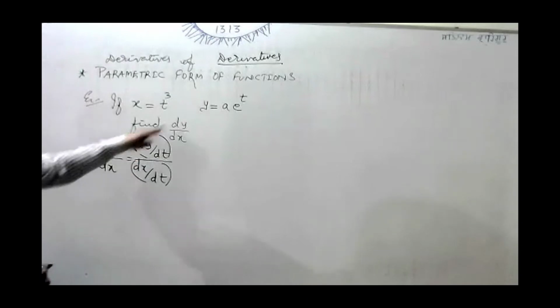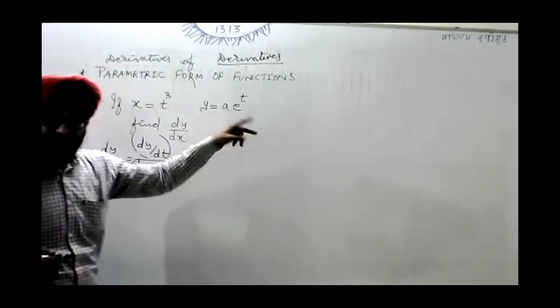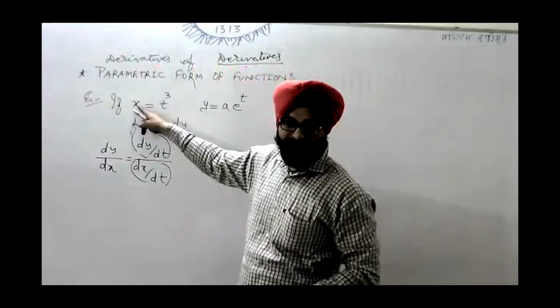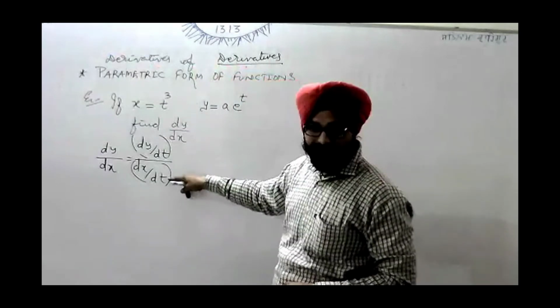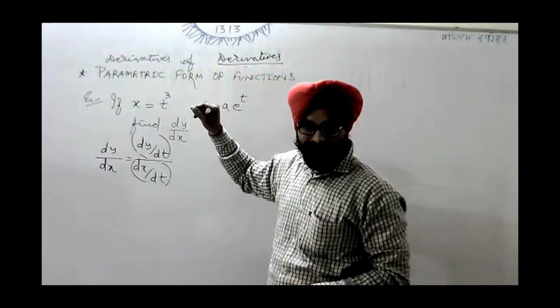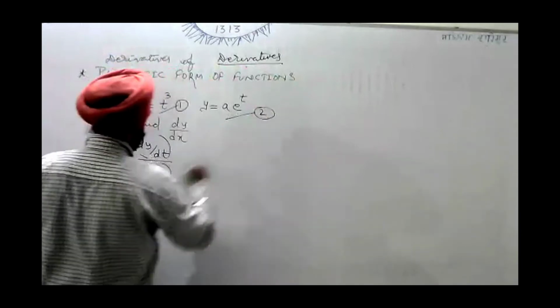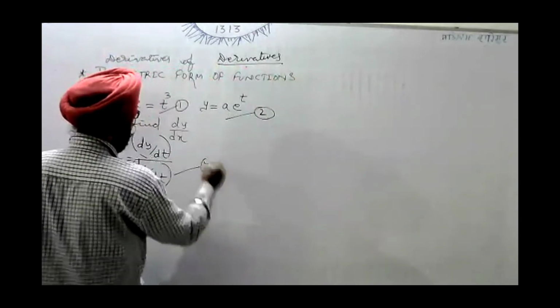The numerator is the differentiation of y with respect to t, which is possible. The denominator is the differentiation of x with respect to t, which is possible. Mark this as the first equation, this as the second equation, and this as the third relation.